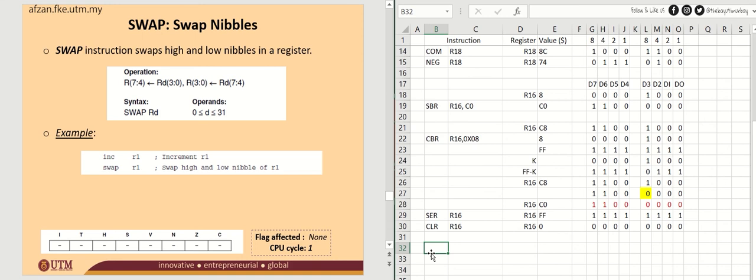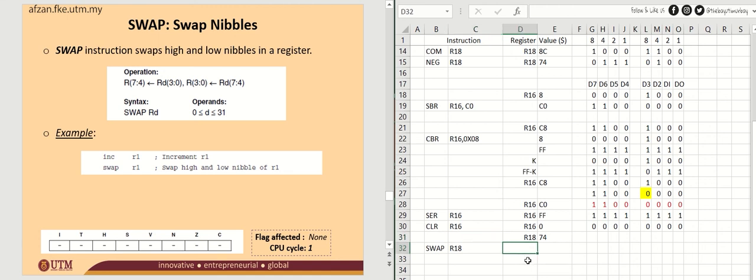I put SWAP R18. What is the current value of R18? This is the current value of R18, which is 74.